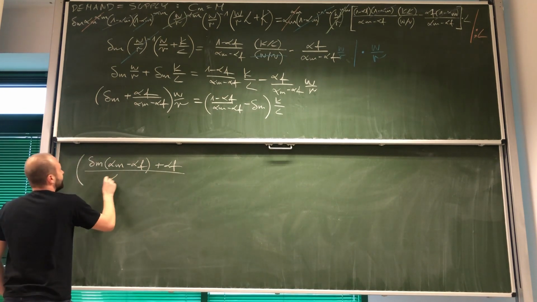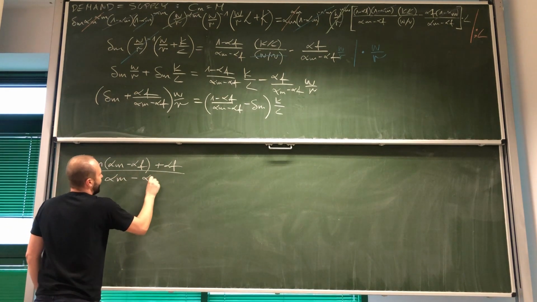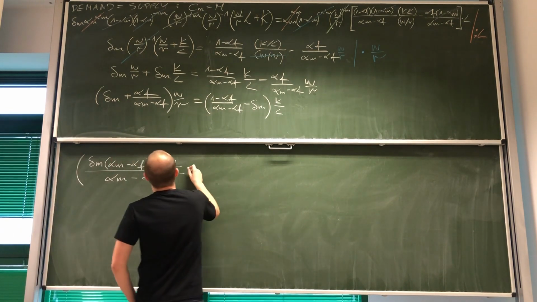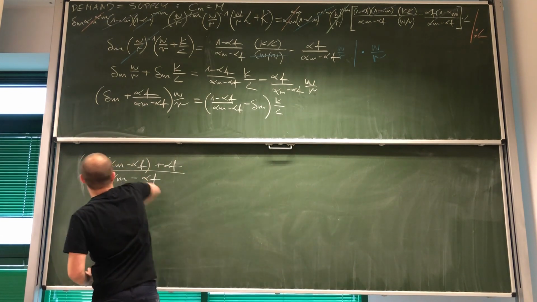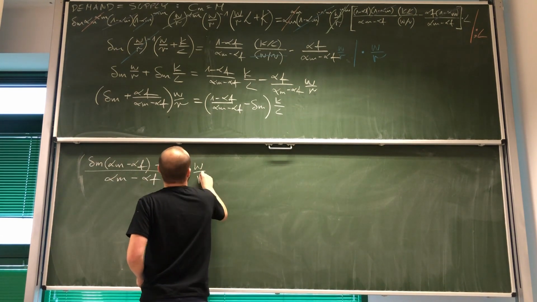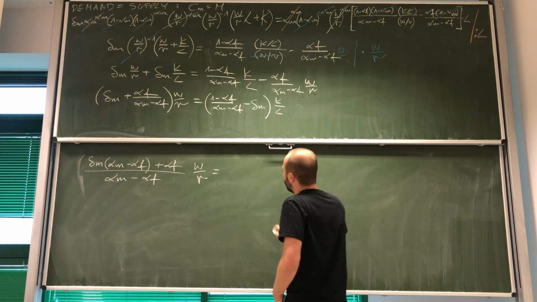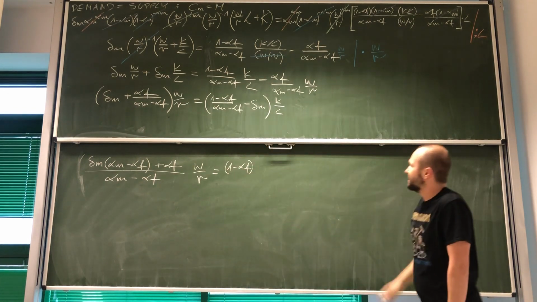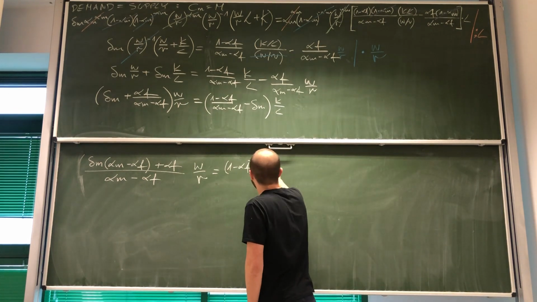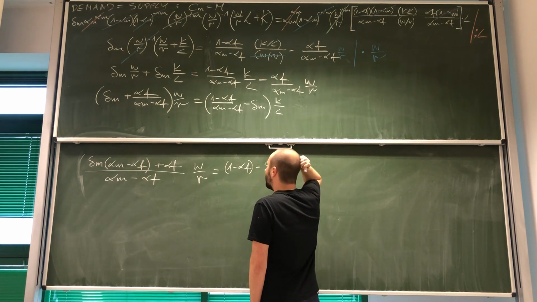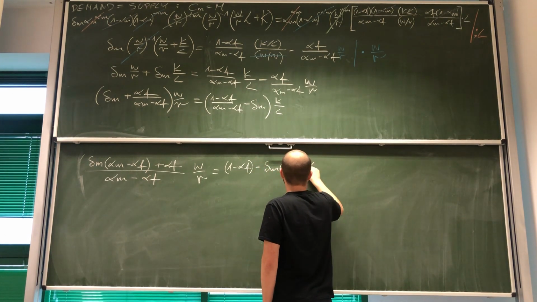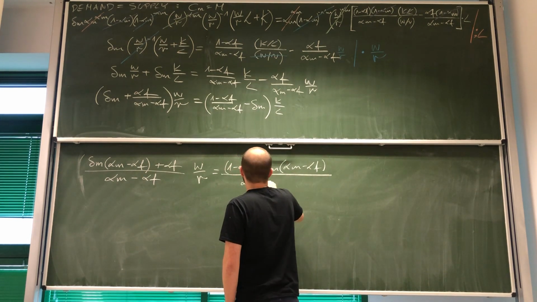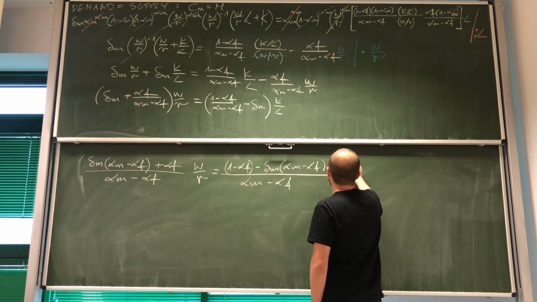Divided by alpha m minus alpha f. Okay, and this, of course, now we don't need parentheses anymore, times W over R. Over here, we do the same thing, and we get that this is 1 minus alpha f. Let's put it in parentheses so it looks nicer, minus delta m times alpha m minus alpha f over alpha m minus alpha f, K over L.